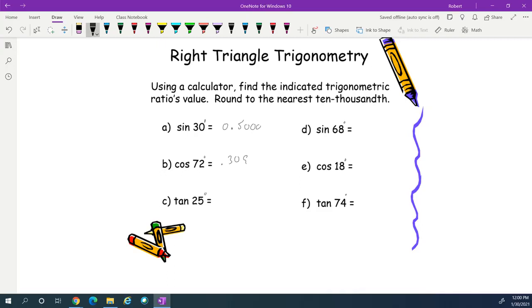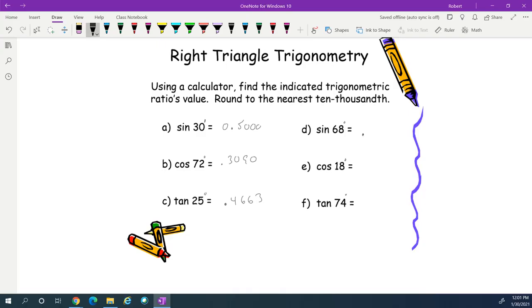0.3090. Now, do it on your calculator so that we are in agreement about the results, about the number of decimal places and the rounding if needed. 4663. Sine of 68.